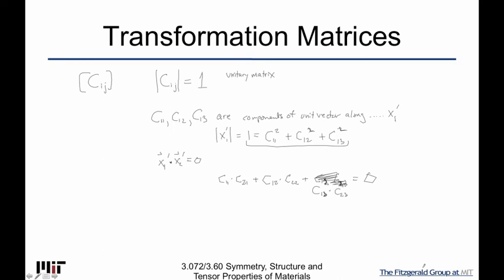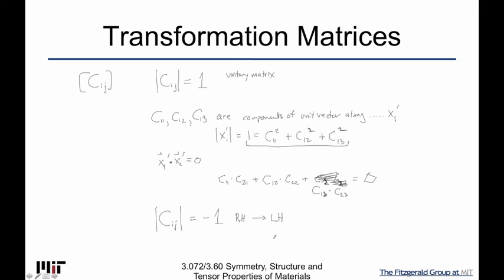Finally, the last property that I want to emphasize is that the determinant of Cij can actually equal -1 if you move from a right-hand coordinate system to a left-hand coordinate system.